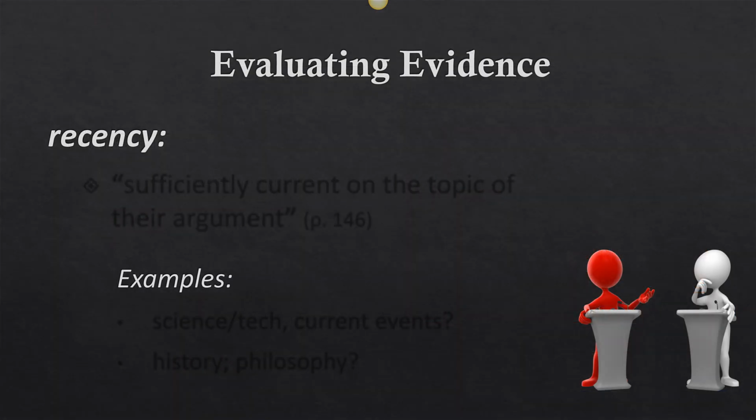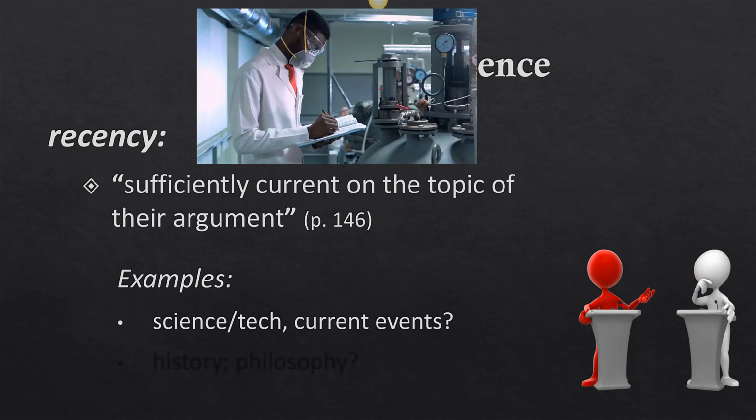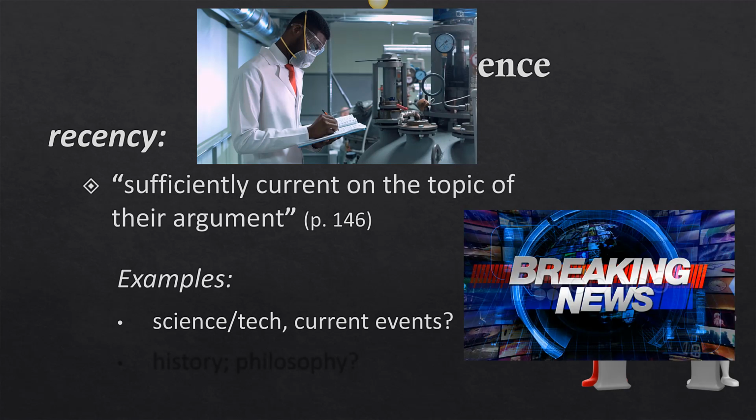Finally, we need to talk about the test of recency. The recency test is pretty straightforward. Is the evidence source sufficiently current on the topic of their argument? And this test can be especially important whenever arguments are being made about issues with regard to science and technology, or issues that are current events in the political or social or cultural milieu of the time.